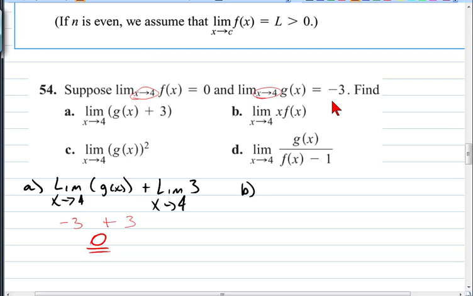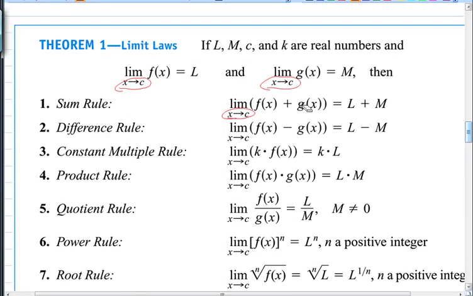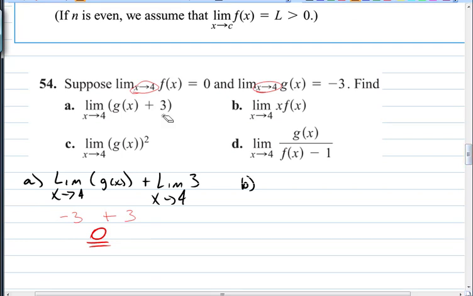Why'd you write out the limit as x approaches 4 of 3 at the end? Well, essentially what's happening with the sum rule, if you notice, we can distribute a limit across addition or subtraction. That's essentially what's happening, right? If you have the sum or the difference of functions, this is just a constant function, 3.